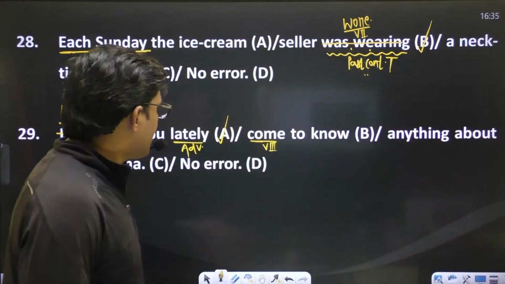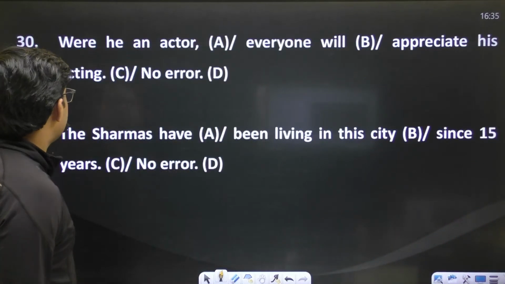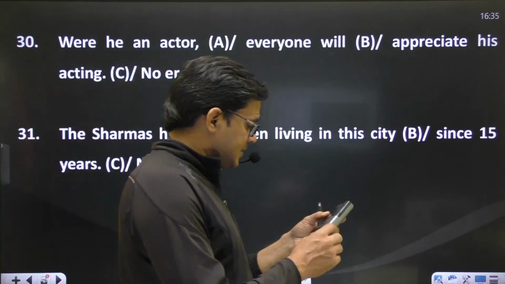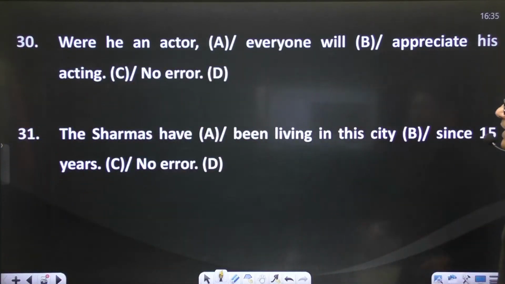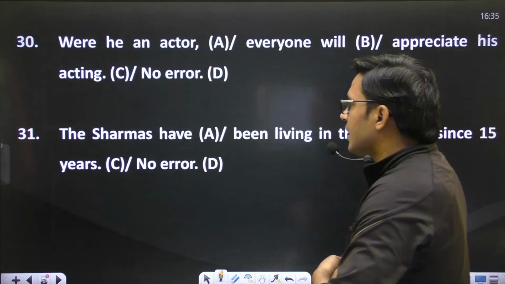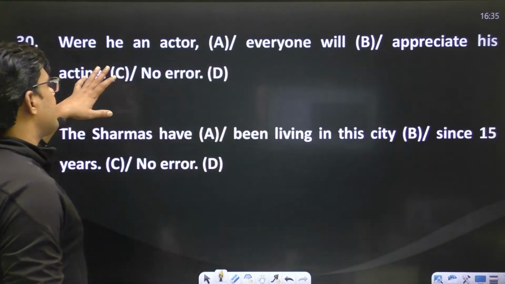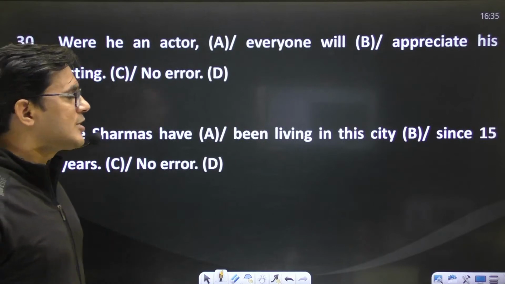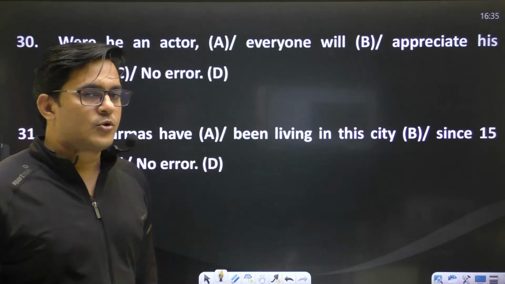Okay. Move to the next one. Next sentence is, were he an actor, everyone will appreciate his acting. What can be here? Okay, this is something like, you can say, semi-closed condition.